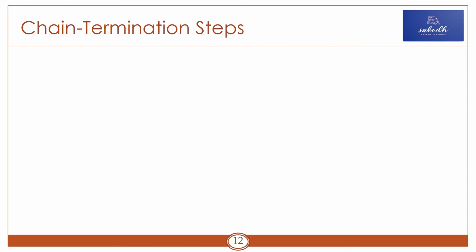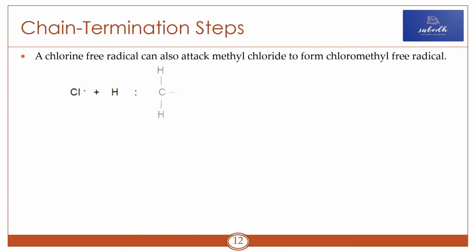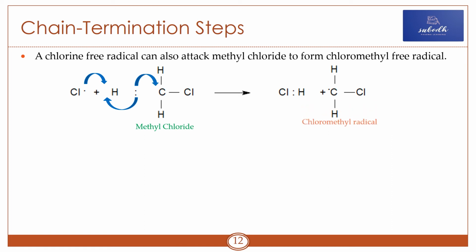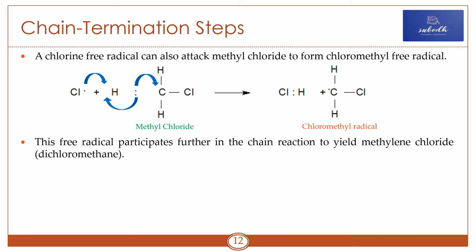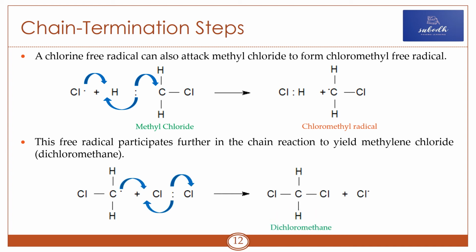In this, the chlorine free radical can attack methyl chloride to form chloromethyl radical, and this free radical participates further in the chain reaction to yield methylene chloride, that is dichloromethane.